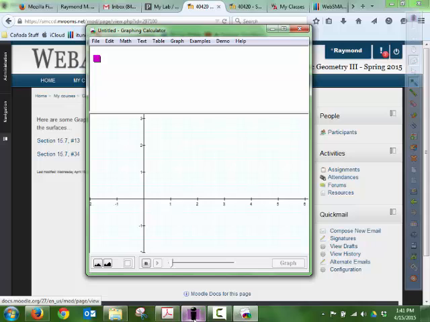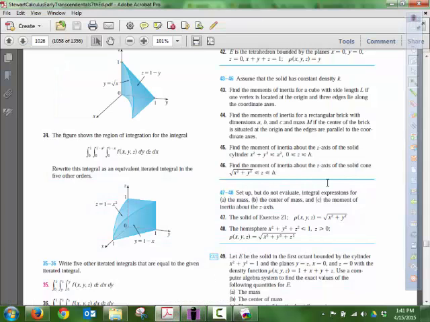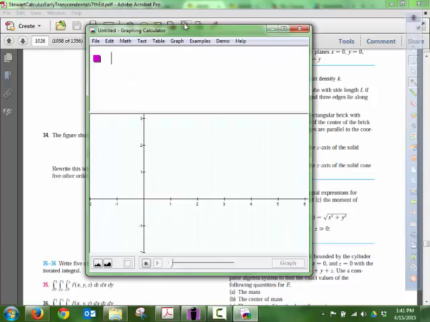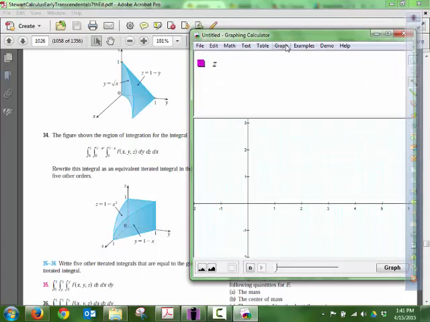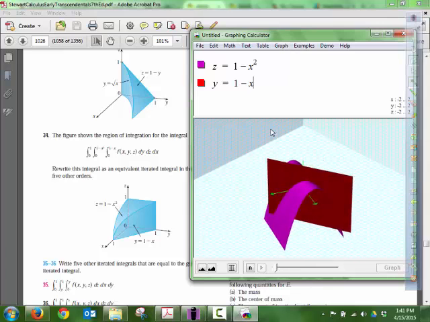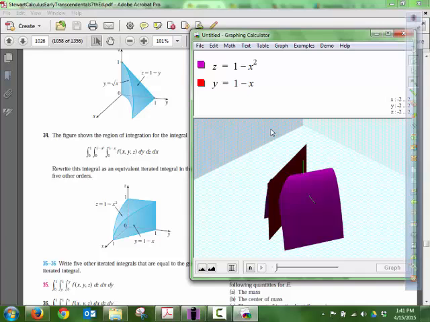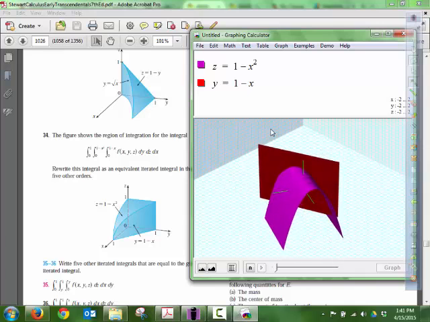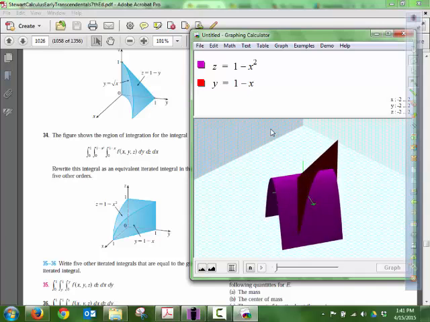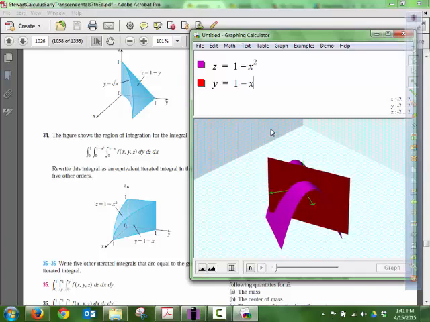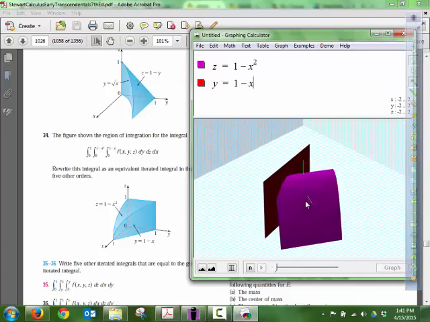All right, let's see if we can recreate this surface. I have it done in another computer. Oh man, this is going to be a pain. That's not helpful. And we want to look at with respect to x first.